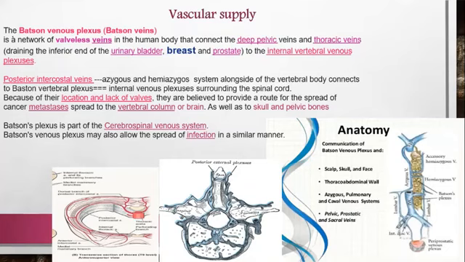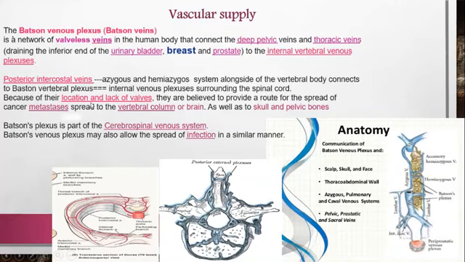So the posterior intercostal veins join the azygos, hemiazygos system alongside the vertebra, connecting to the paravertebral plexus, which goes to the internal venous plexus surrounding the spinal cord.